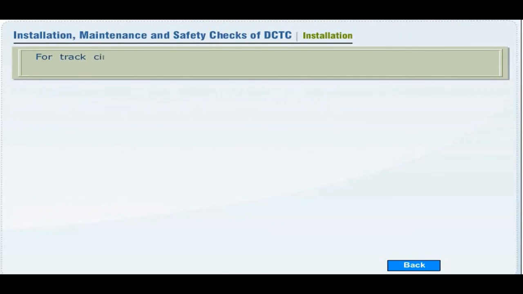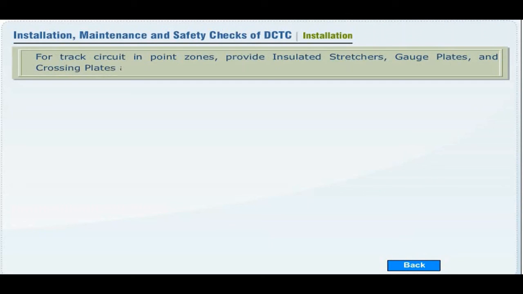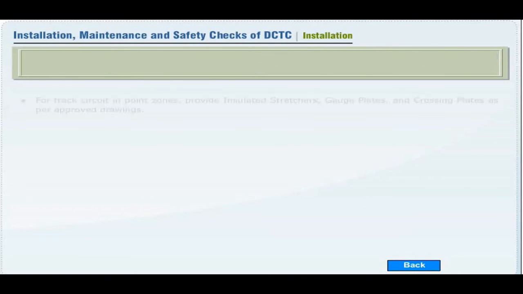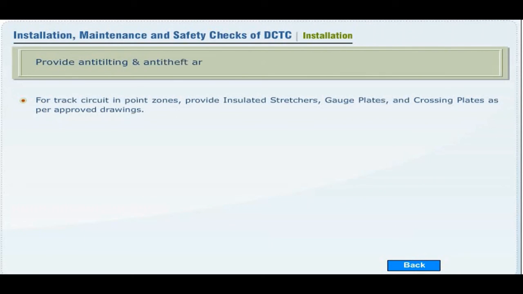For track circuit in point zones, provide insulated stretchers, gauge plates and crossing plates as per approved drawings. Provide anti-tilting and anti-theft arrangement.